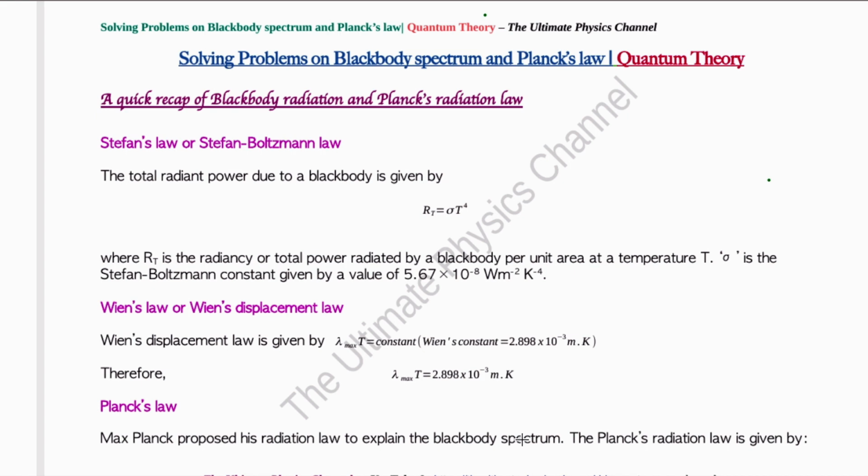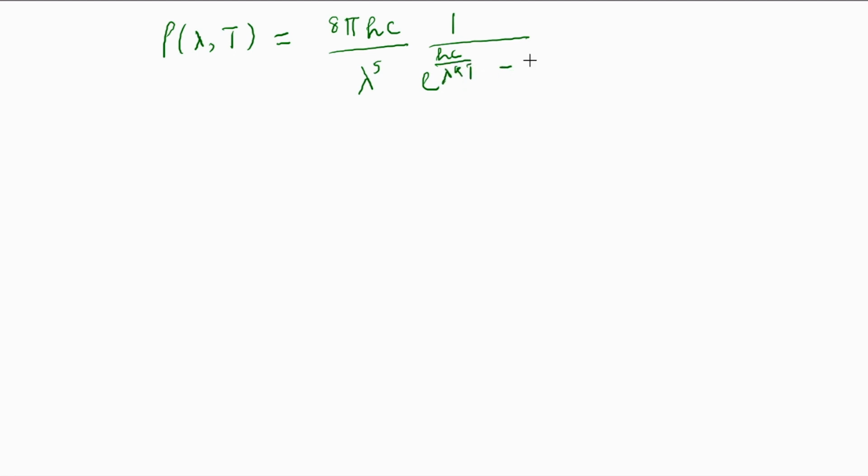The Planck's radiation law is given by, we can either write it in terms of the energy density rho of lambda comma T, since it is a function of both the wavelength and the temperature, and that is equal to 8 pi h c over lambda power 5 times 1 over e power h c over lambda kT minus 1.